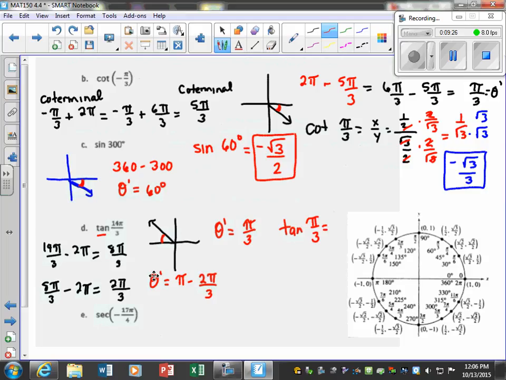Okay, what is the definition for tangent? Recall, this is your y over x. So come to pi thirds. Now here's how we use our unit circle. Come to pi thirds, which is here. Okay, and what is the y value over the x value? So that's going to be square root of 3 over 2 is the y value.